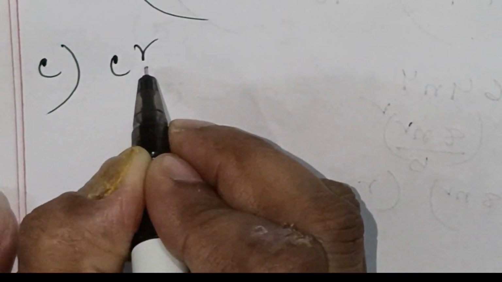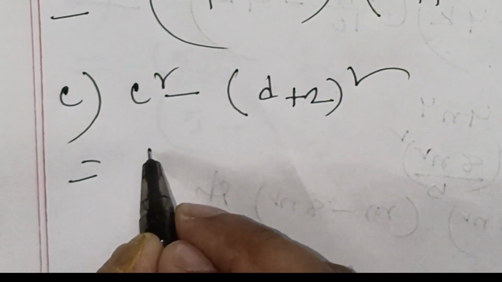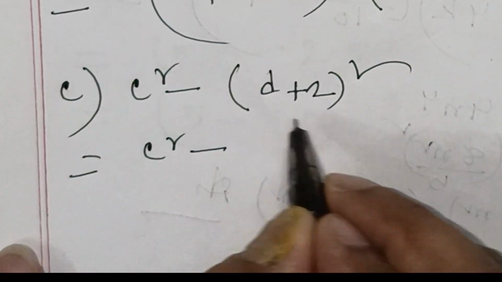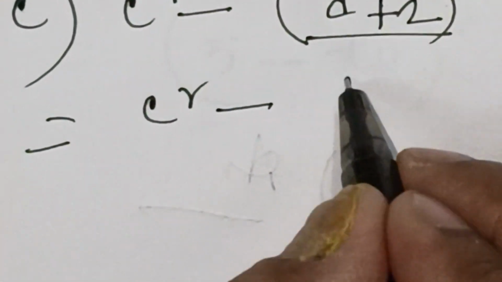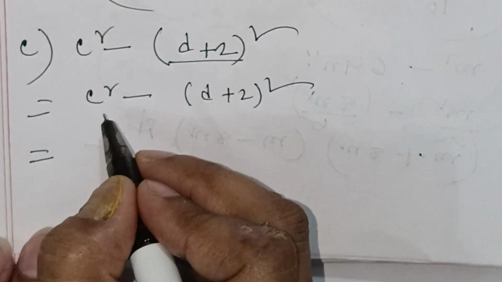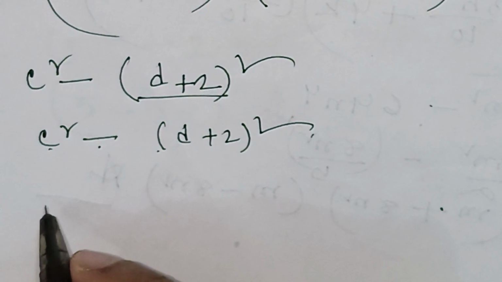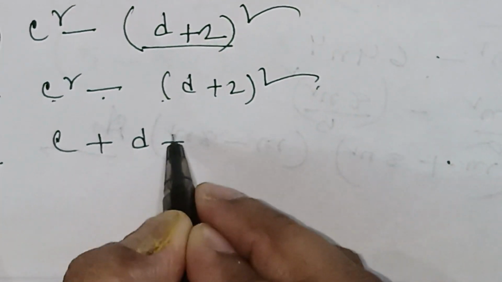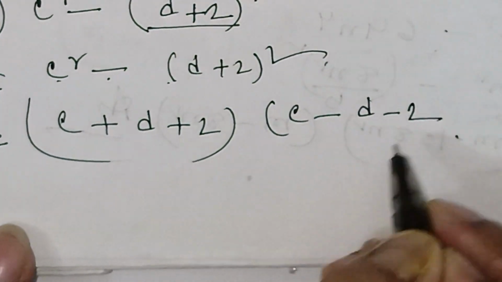c square plus (d plus 2) whole square. Same here, c means a square and (d plus 2) we use as b. No need to break down here, we use the formula directly: a square minus b square means (a plus b) (a minus b).